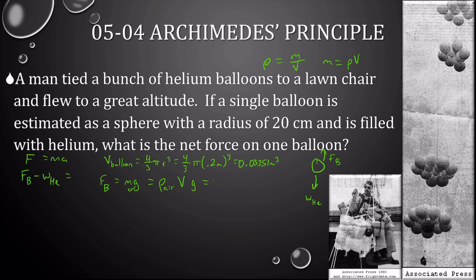Well, density of air is 1.29 kilograms per meter cubed. Our volume that gets displaced would be the volume of the balloon, because the balloon is pushing air out of the way, and g is 9.8. So our buoyant force is 0.4236 newtons.